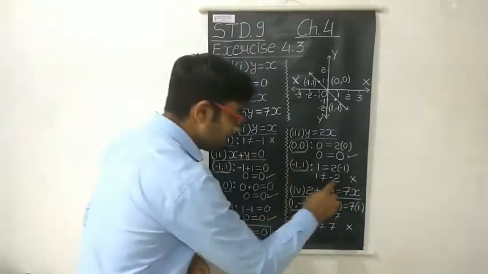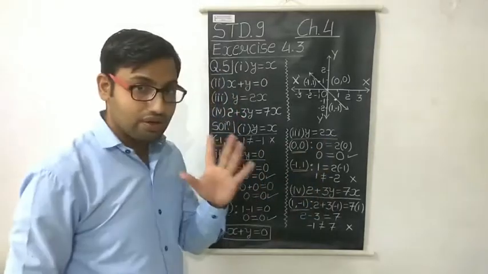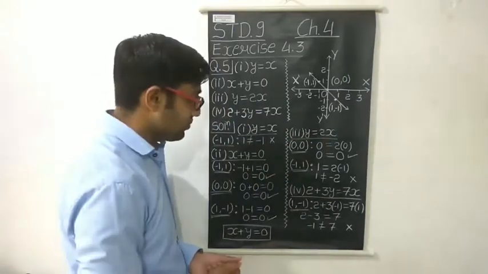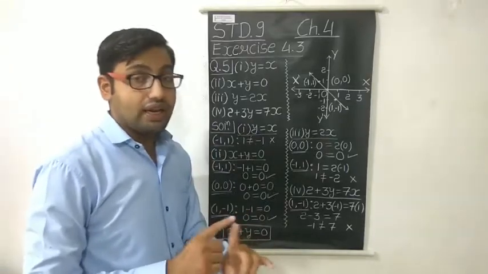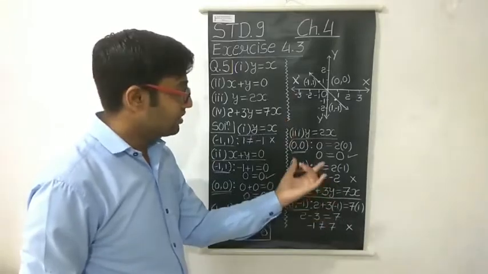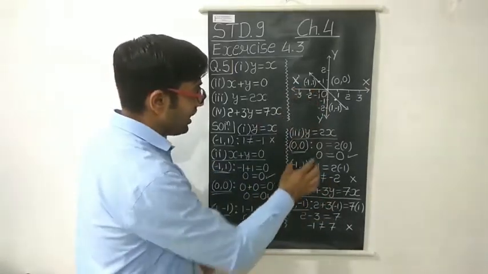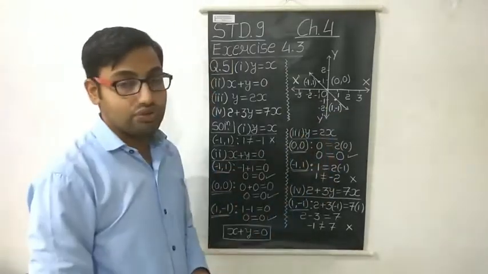So this point does not satisfy this linear equation. That is why, as I have said earlier, if any one point cannot satisfy the linear equation, then we cannot say that this graph is of this linear equation.